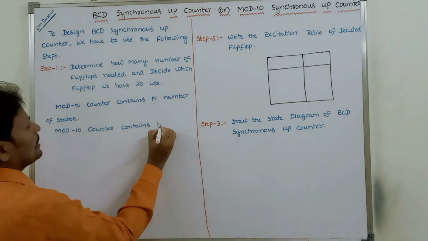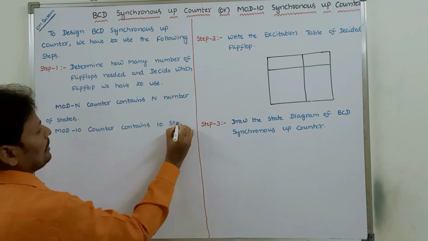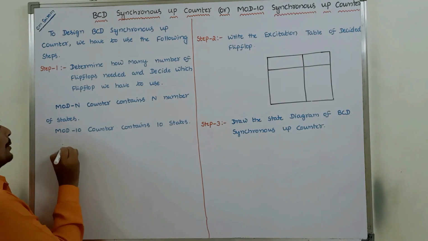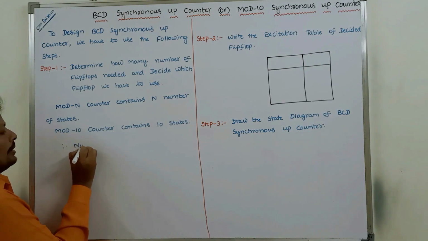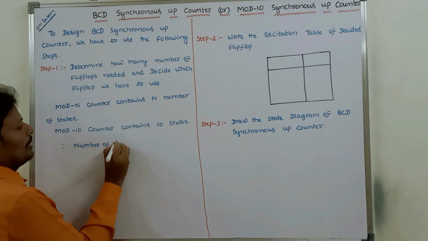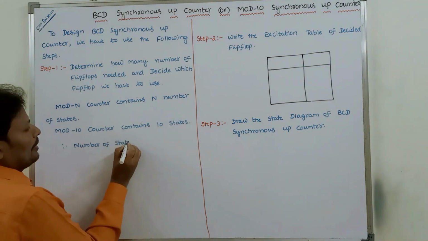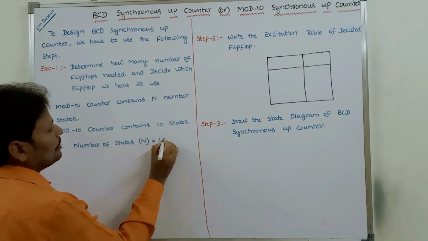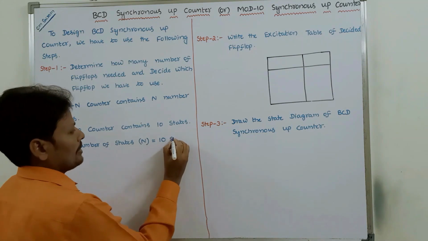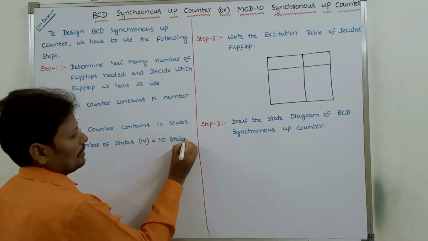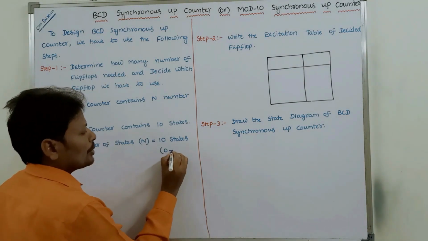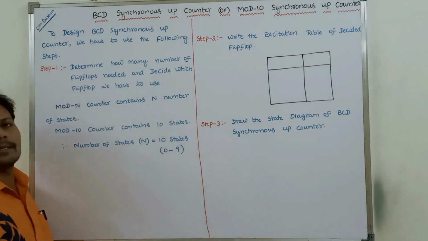That is 10 states. Therefore, number of states, capital N, is equal to 10 states. So 10 states are nothing but 0 to 9 states.